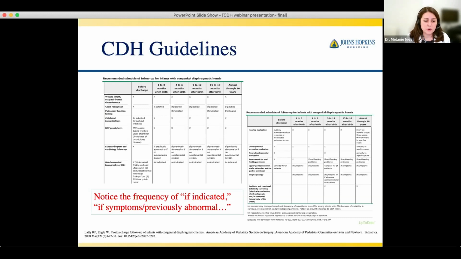But what you'll also notice is that there's a high frequency of the words if indicated, or if there were symptoms, or if previously abnormal. And that's where subspecialists really can help make that plan together, make sure that your baby is getting to where they need to be, whether it's at Johns Hopkins, Kennedy Krieger, and often it is both, which is why it's a great location to be. Next slide.